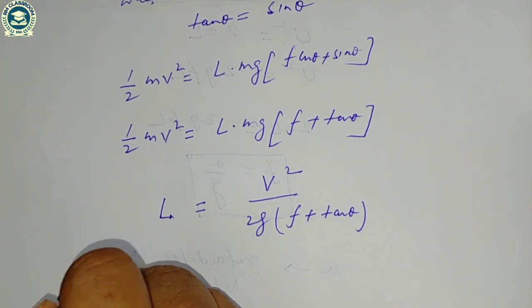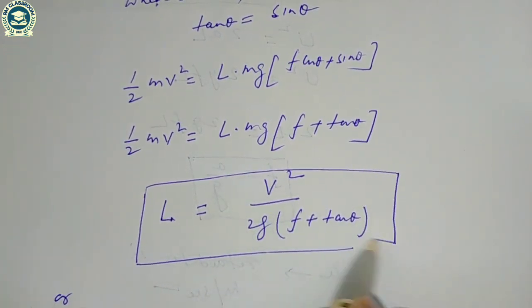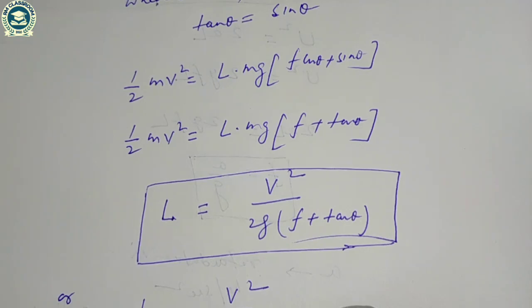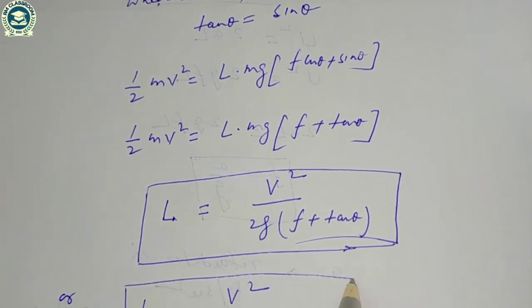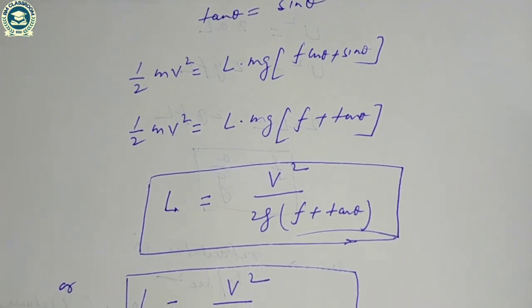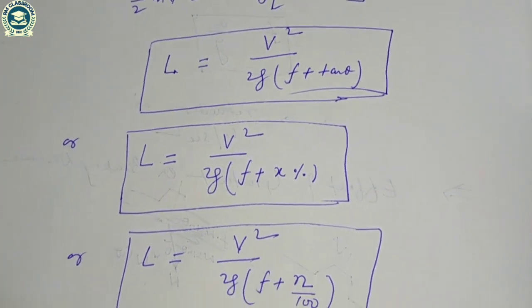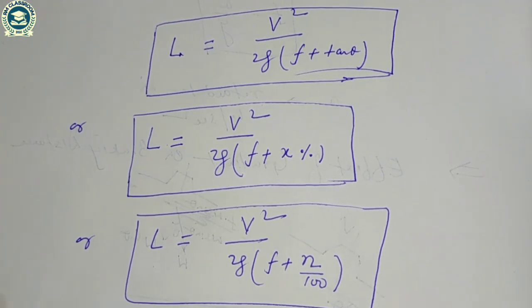Or we can write L is equal to v square by 2g f plus x percent, where x percent is the gradient, or we can write L is equal to v square by 2g f plus n by 100, where n is the gradient.